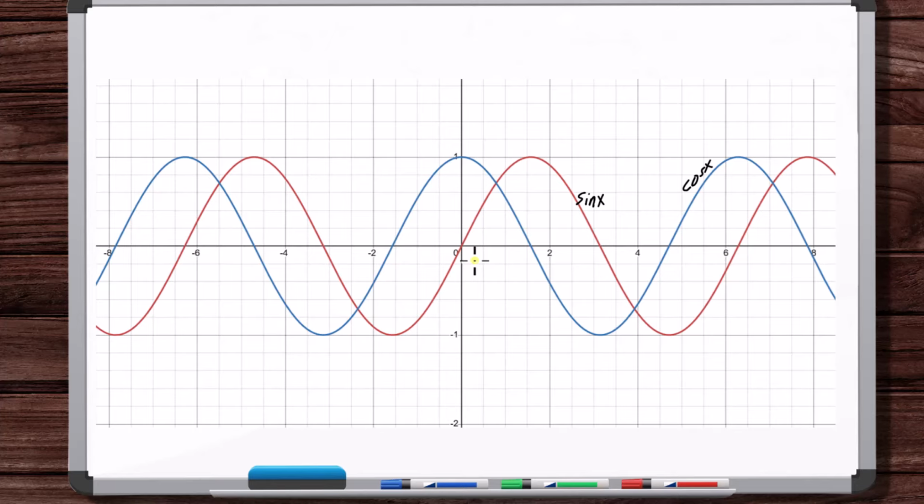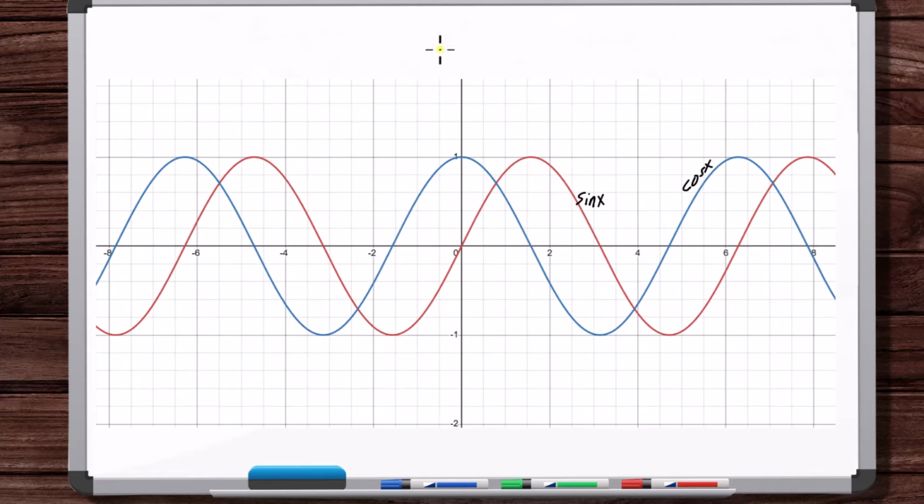Now you might have said to yourself, well, if cosine is just a shifted version of sine, what's the specifics of the shift? Well, I'll tell you. The cosine graph is just the sine graph shifted pi over 2 units to the left. So you say, that's interesting.